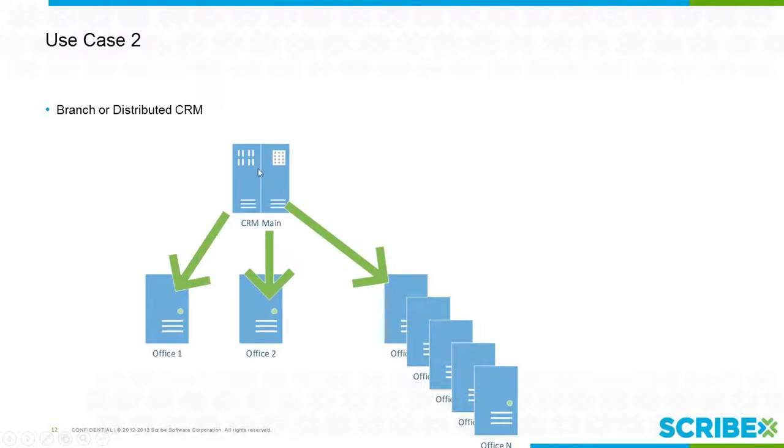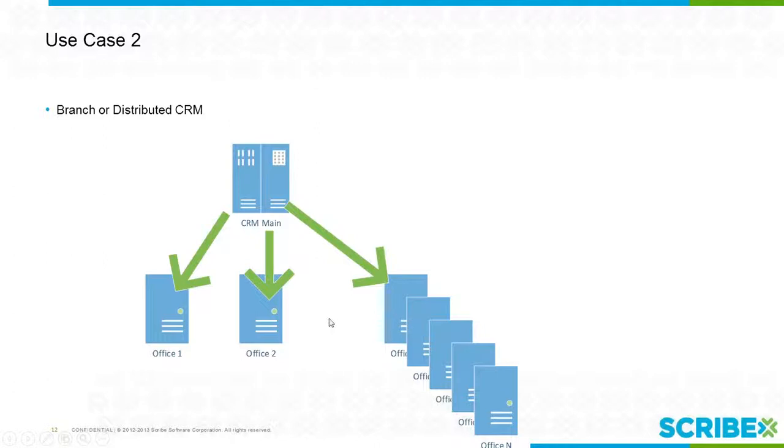It would be, for example, taking business unit number 1 to Office number 1, business unit number 2 in the main system to Office number 2, and so on, and having to go out to many different offices. This year we have piloted and worked with several different customers where these branch offices could number into the several thousands.